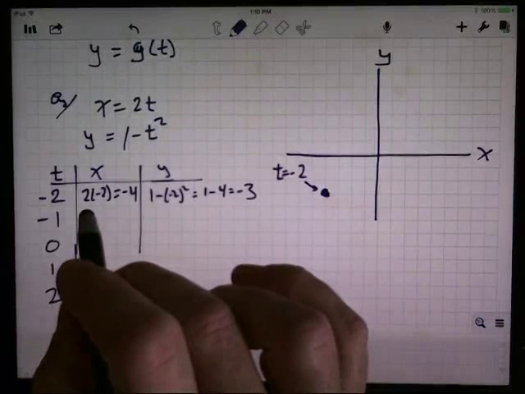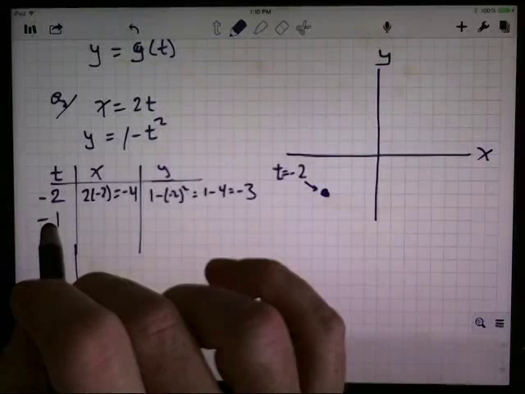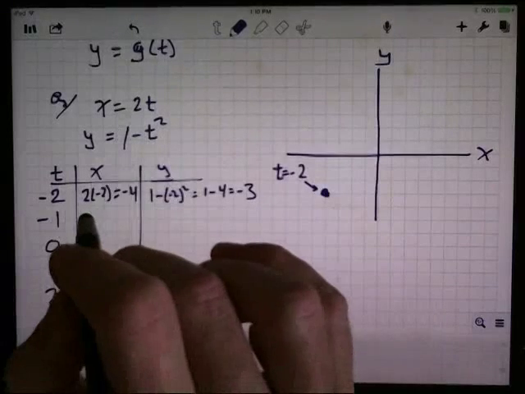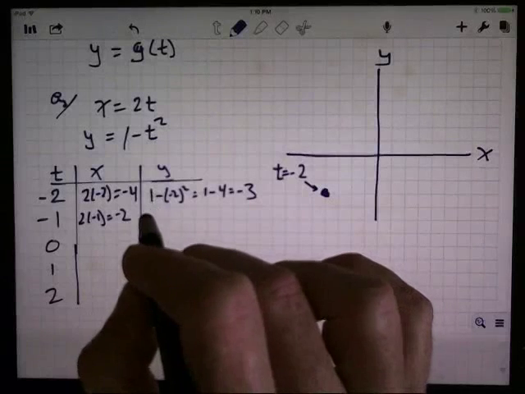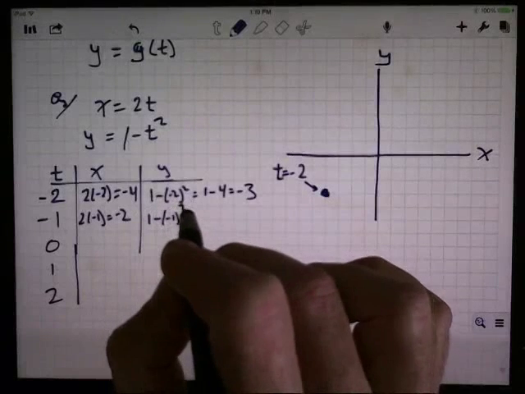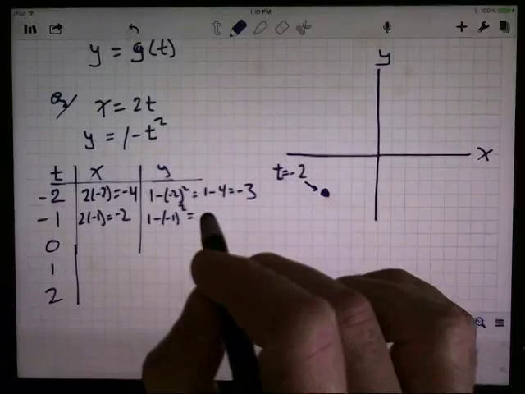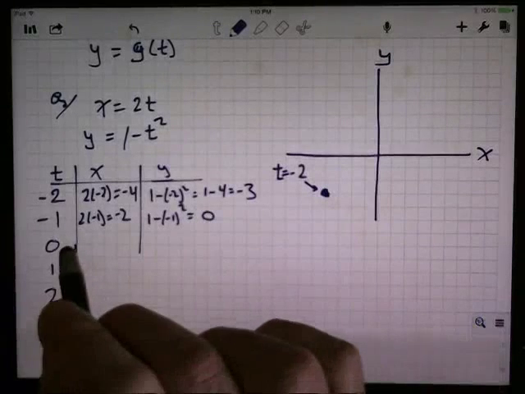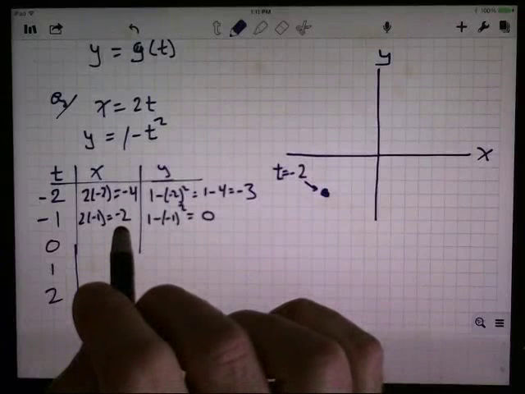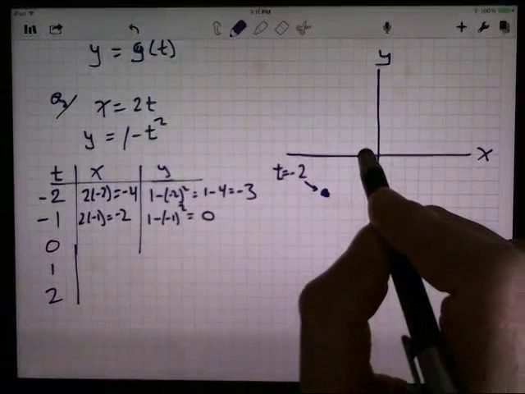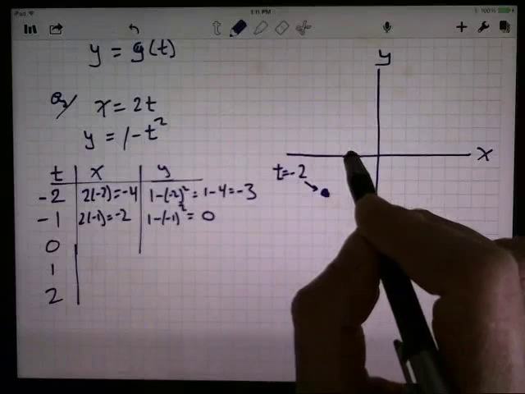Okay. So then I'm going to plug the t equals -1 in, see what I get. Well, 2 times -1 is -2. 1 minus -1 squared is 1 minus 1, which is 0. So the x coordinate is -2, the y coordinate is 0.